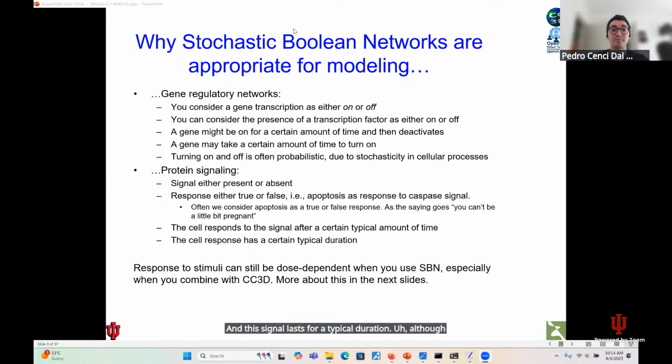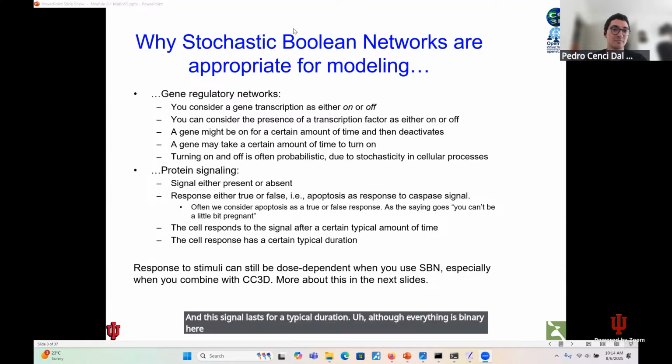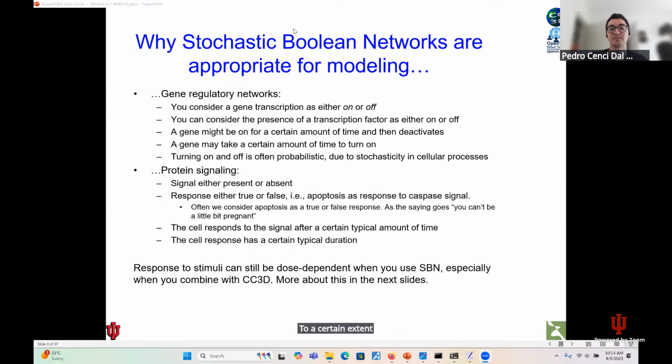Although everything is binary here inside the Boolean stochastic network, to a certain extent, you can still incorporate some of those response dependence to your stochastic Boolean network. And we will see that in the exercise later.